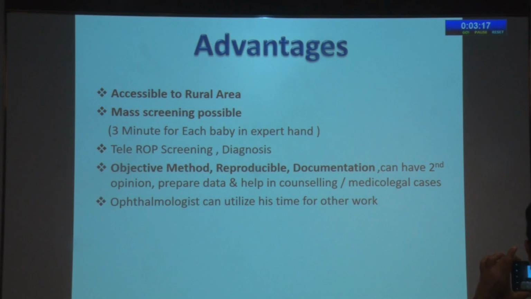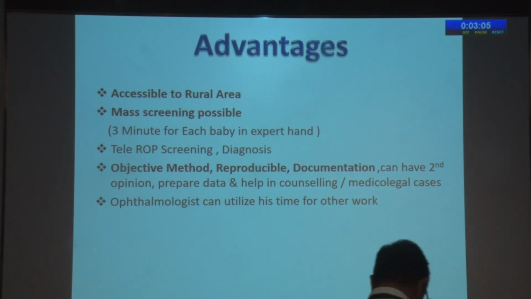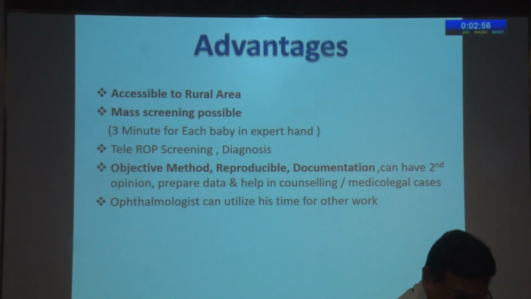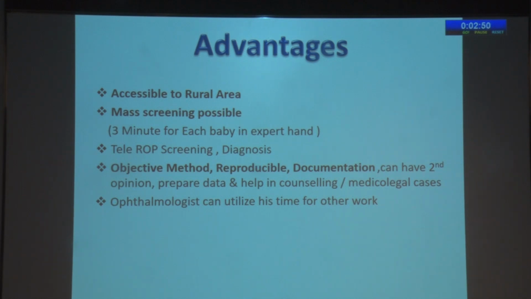Mass screening is possible, and the optometrist, if he is expert, can do one screening within 3 minutes. The tele-ROP screening model can be adopted for this purpose. It is an objective method, it is reproducible, and documentation is a big advantage of this camera. You can have a second opinion, and you can use it for medical purposes and for counseling purposes.